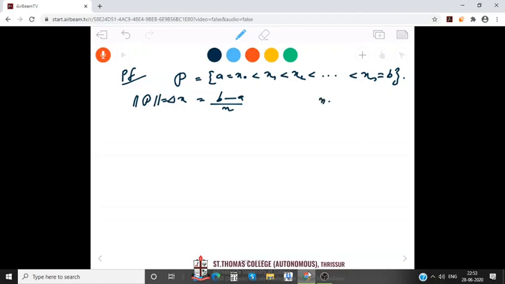So as n goes to infinity, the norm of the partition tends to 0. Then I will be taking the tag of the interval [x_{i-1}, x_i] as x_i.